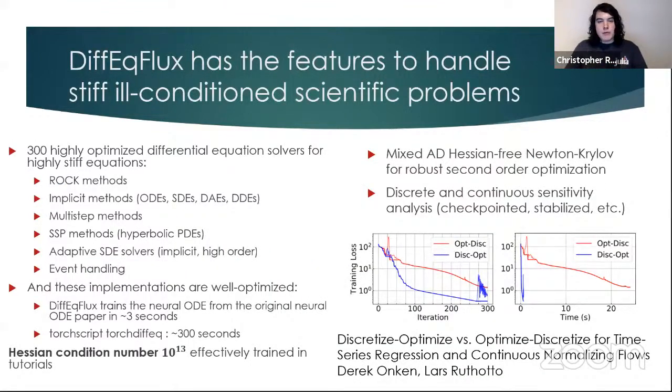And so we have a lot of features to be able to handle stiff ill-conditioned systems. One of the systems I actually mentioned earlier was a system that had a Hessian condition number of 10 to the 13th. So you have to make use of things like fast methods for Float64s. You have to make use of things like discretize-then-optimize approaches to handle those problems effectively. You have to utilize adaptivity in the right way.